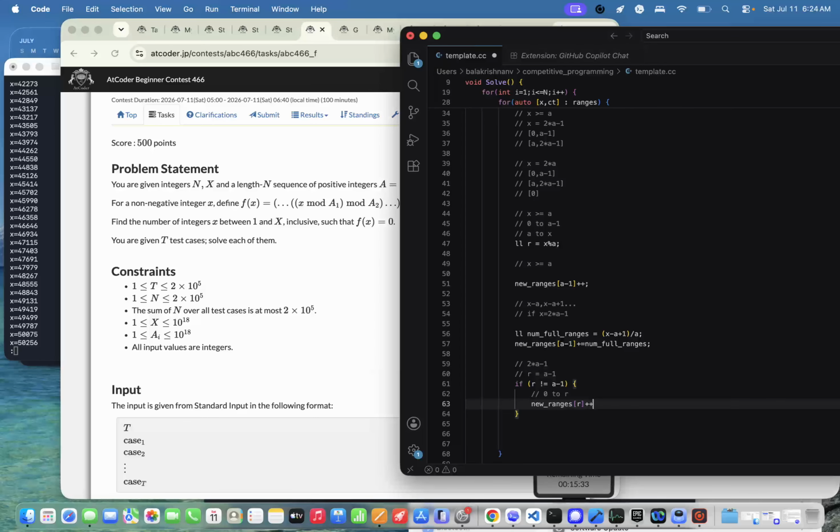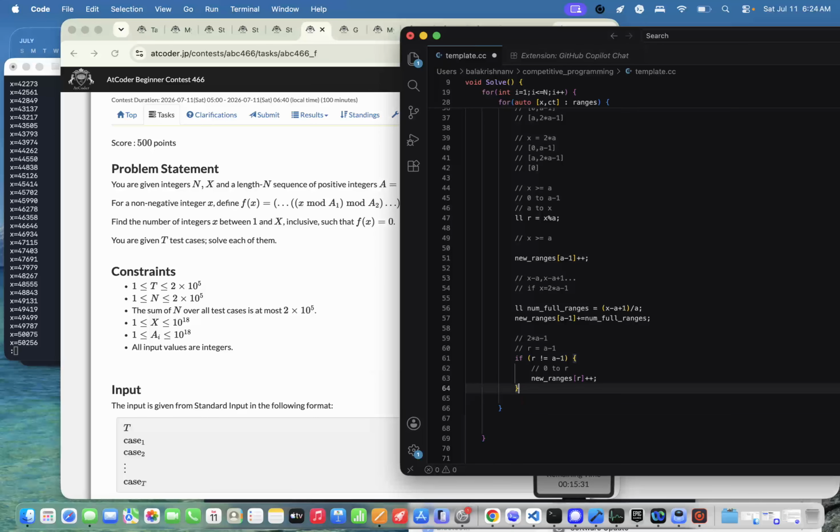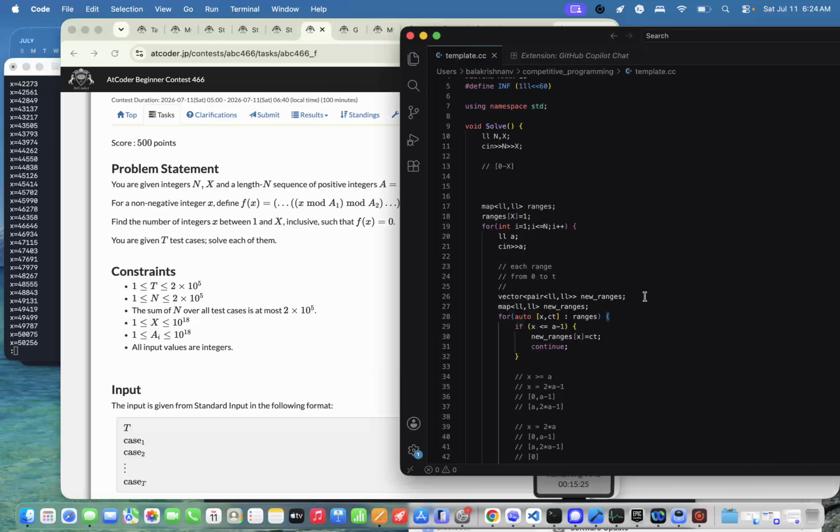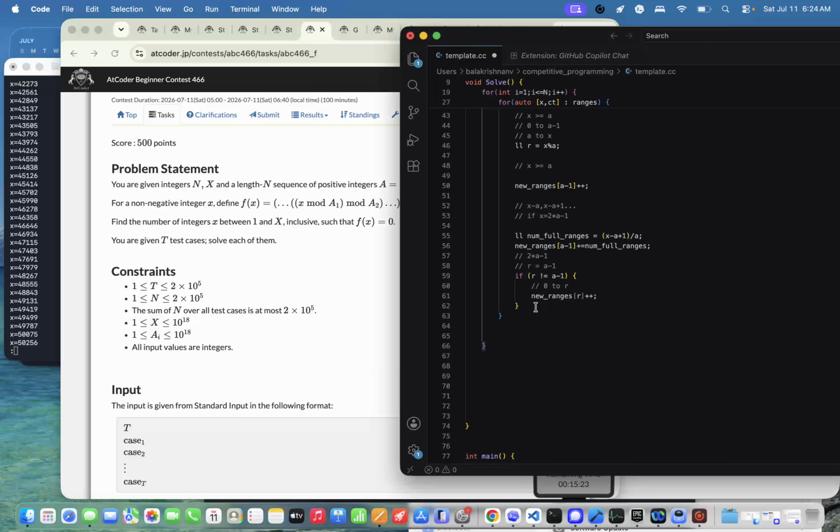R plus plus. That's right. Then swap of ranges, new ranges. Then finally, we need to have ranges dot size. Why? Because minus 1.